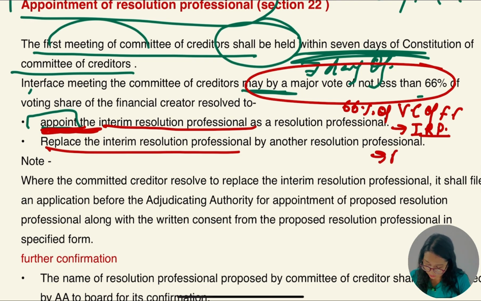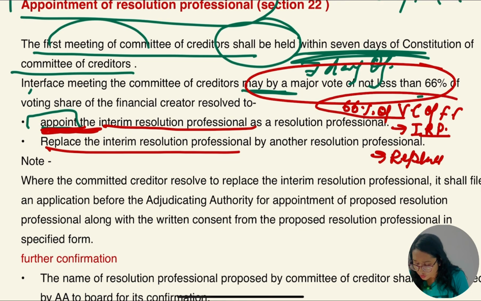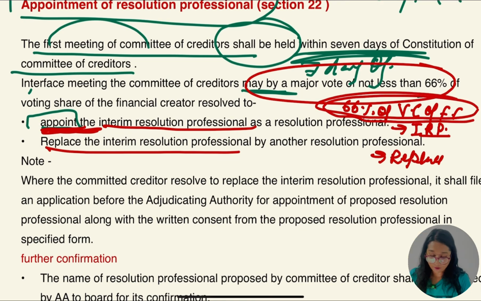In that case also, what is going to happen? In the first meeting of the COC, 66% of voting share of financial creditor is required to appoint or to replace the interim resolution professional.